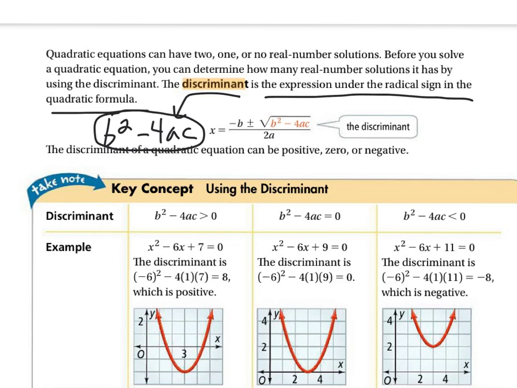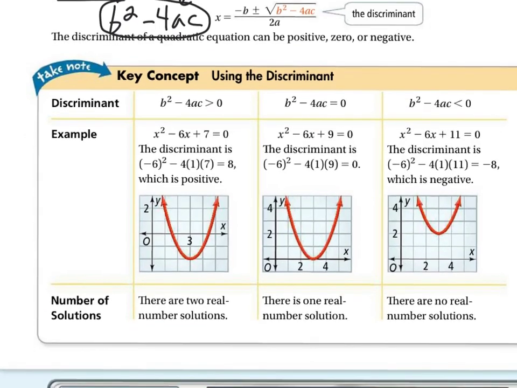So if you just work out the b squared minus 4ac, if it's positive, then you're going to have plus or minus the square root of some number that you'll be able to take the square root of, and you'll have 2 real solutions.